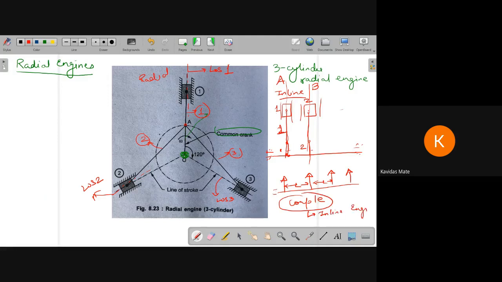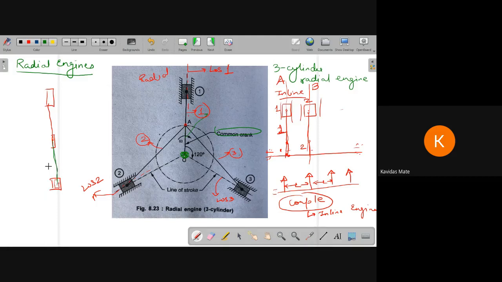Now, if you look at this particular engine, this crank is going to rotate in a single plane. So this engine would be over here, the second would be over here, the third would be on the back side of this one, and this is the crank. So this crank is attached to this connecting rod, and to these two engines over here.